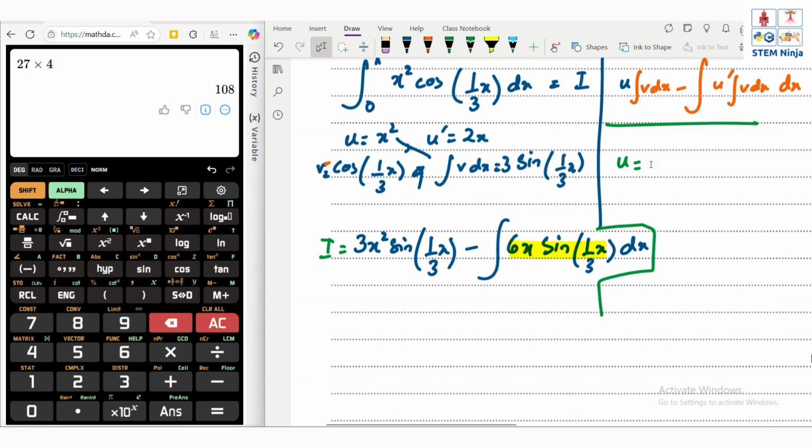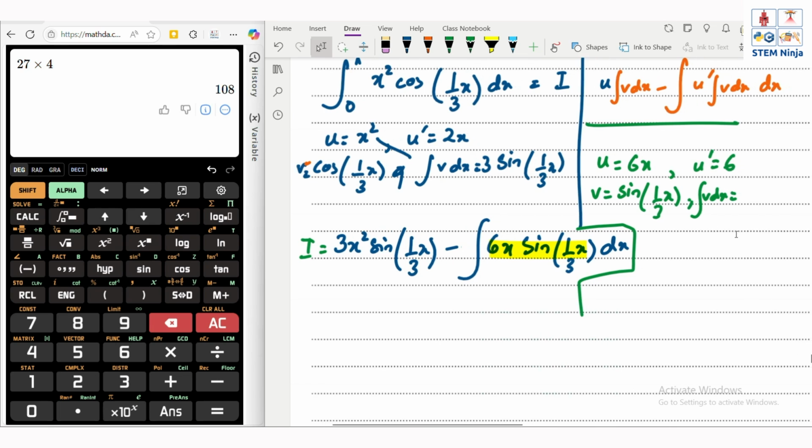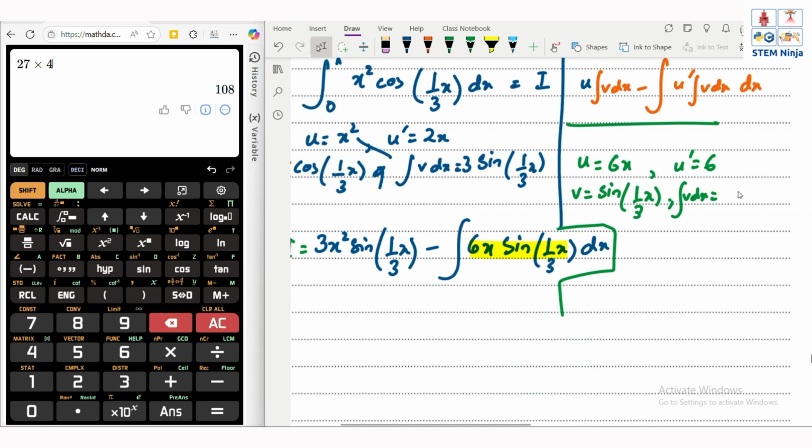So u is 6x, u prime would be just 6, v is sine 1/3 of x, so the integral this time would be negative, so minus cosine 1/3 of x, and again, since we're dividing by 1/3, it gets minus 3.